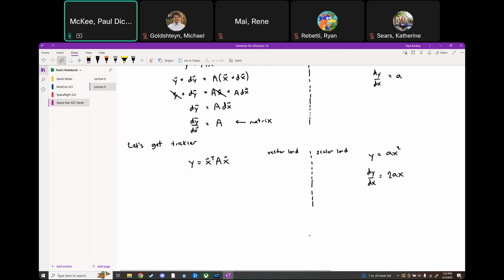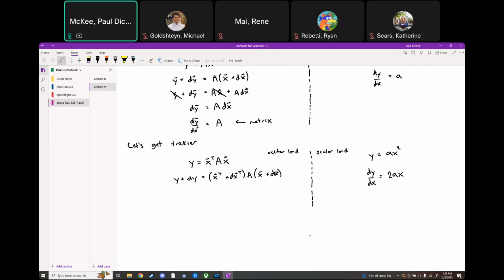So y plus some differential element of y is equal to x transpose plus some differential element of x transpose, times A x plus some differential element of x.